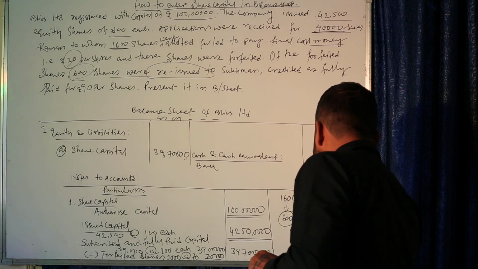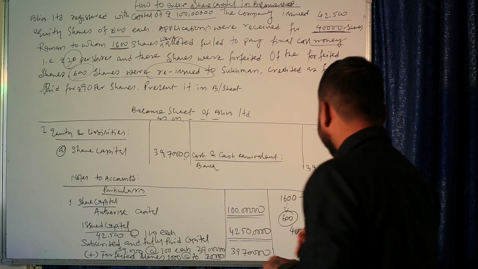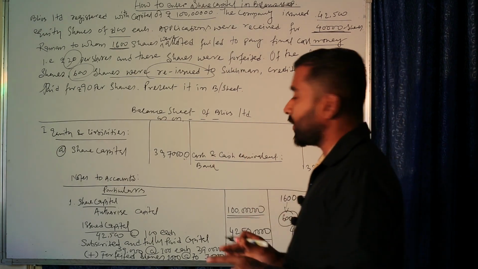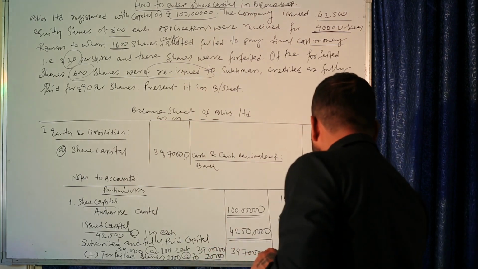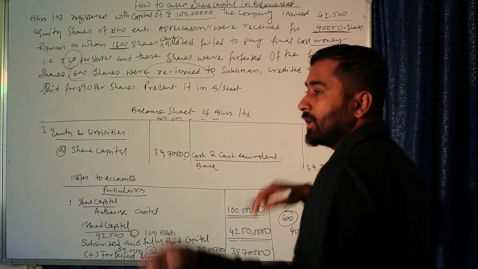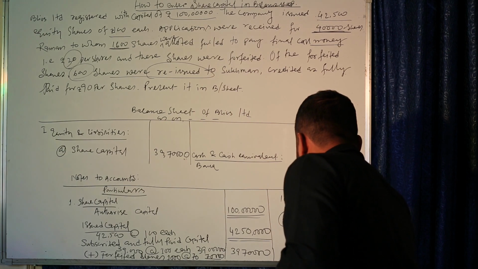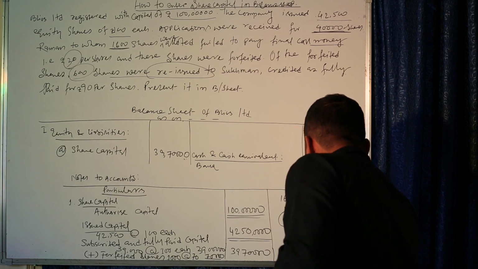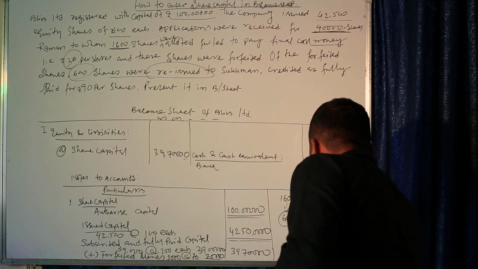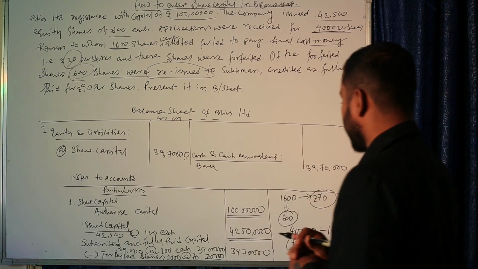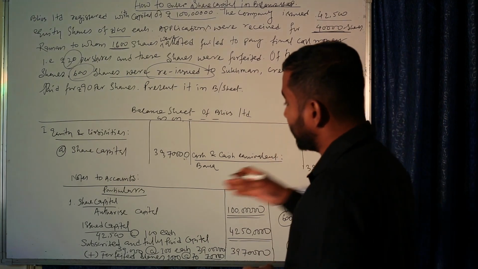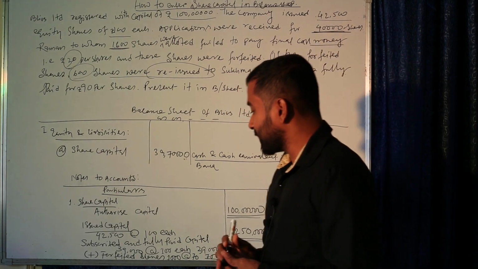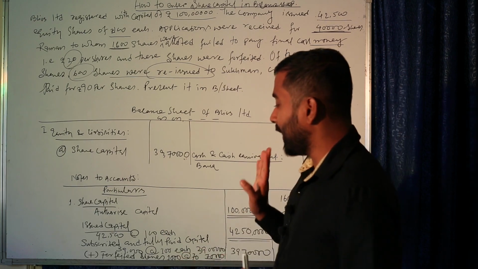Out of that, the 1,600 forfeited have been subtracted, and after 600 were reissued, indirectly the issued share capital is 39,000. I hope you understood.